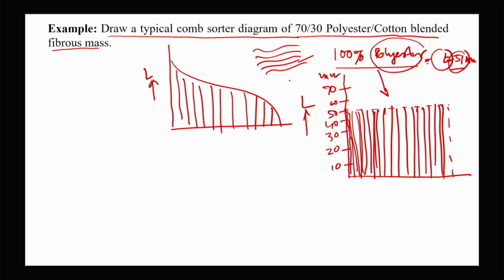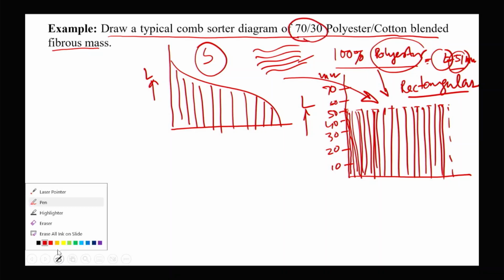For man-made fibers with equal cut length, the comb sorter shape is rectangular, and for cotton or a natural fiber with variable length, it's typically S shaped. Now with this concept we will try to solve the present problem.